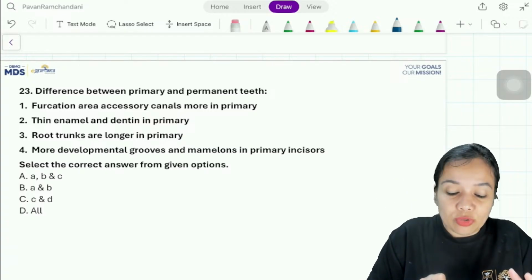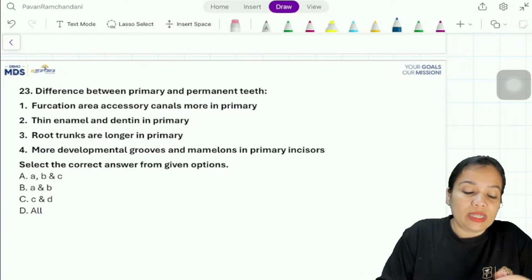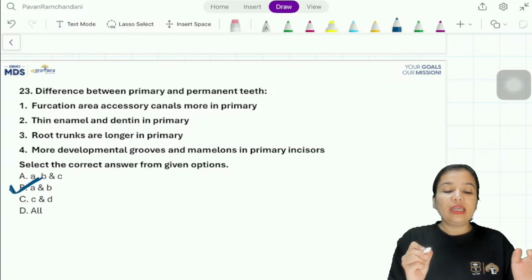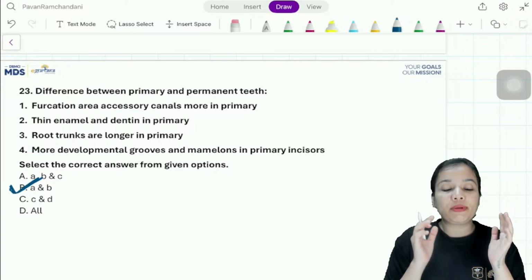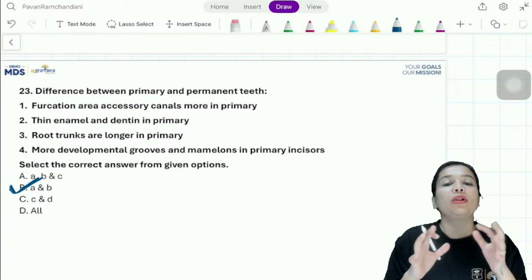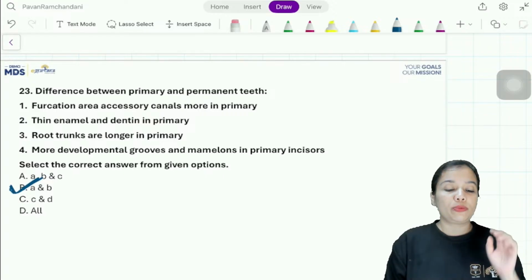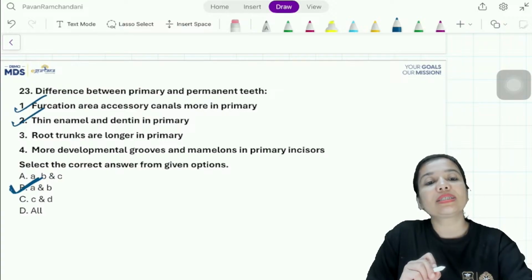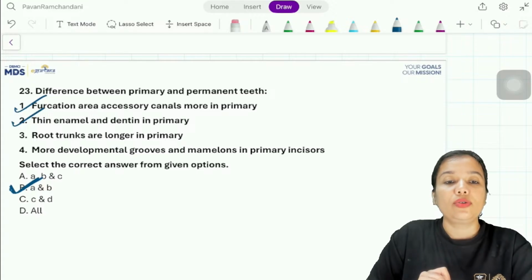More developmental grooves in mamelons, no, mamelons are not present in the primary, so that is why the answer is A and B. Statement number 3 is wrong, the root trunks are shorter, and statement number 4 where they say mamelons are always present in permanent incisors, that's also wrong. So this is correct and this is correct, so option B is correct, right? Okay, yes. So good so far.